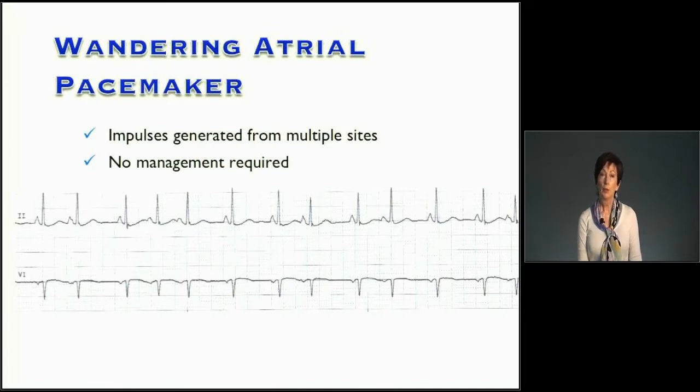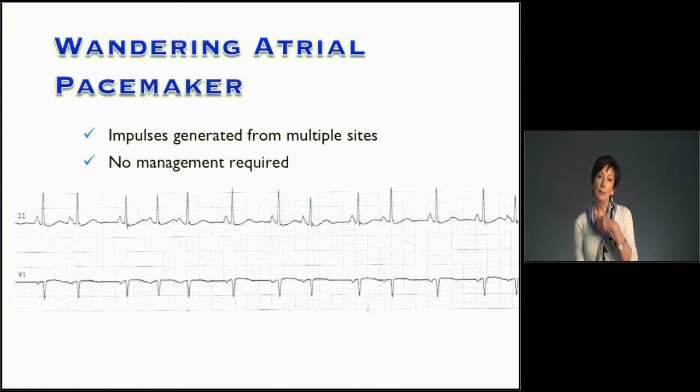So what this looks like is just a sinus irregularity and different looking P's. So it's not atrial tachycardia, which you would have different looking P waves. And if this heart rate went over 100, then yes, that would be atrial tach.